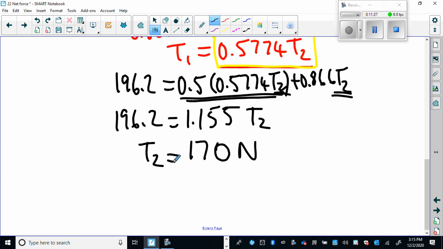How do I get T1? Well, T1 is actually easy to find because I've already got an equation right here that has T2 and T1 in it. So I'm just going to substitute the 170 in.